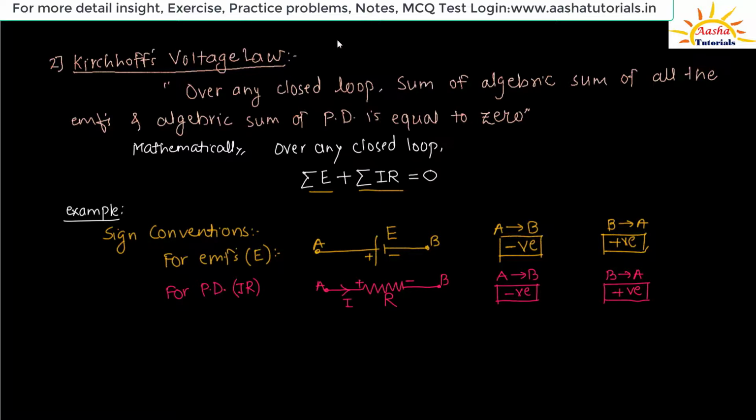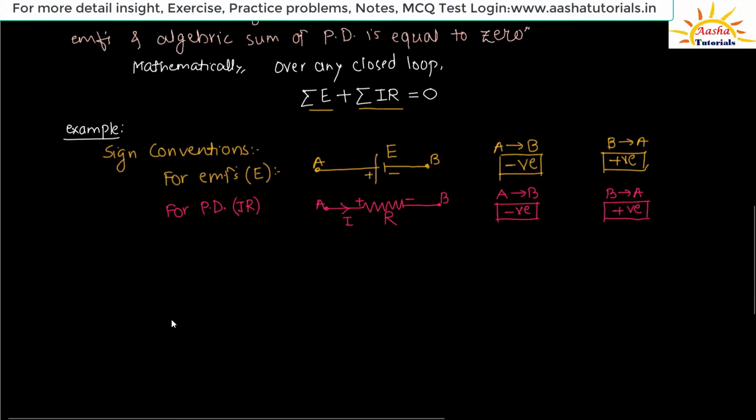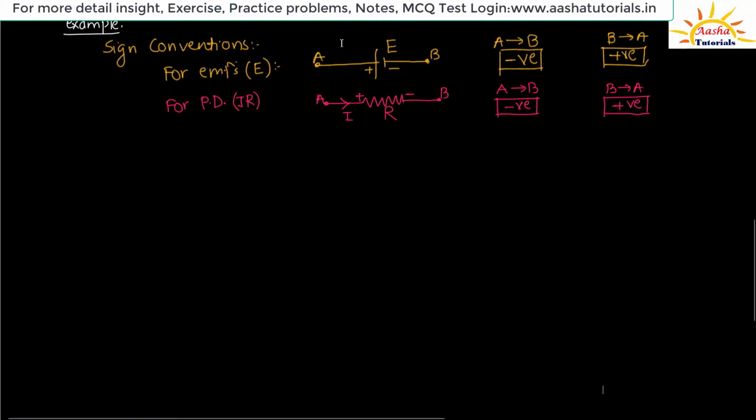So if you understood this sign convention, let us apply it to find the equations for a particular example. Let us take one example. Suppose we have two batteries or cells which have internal resistance.